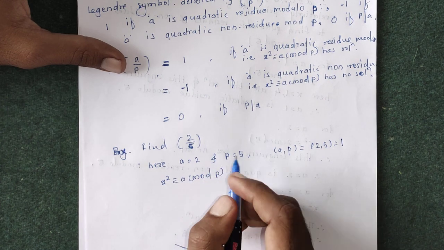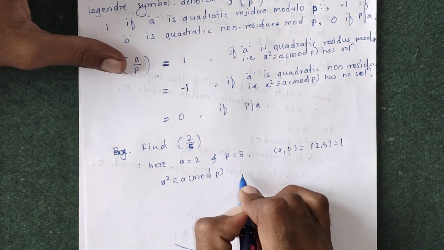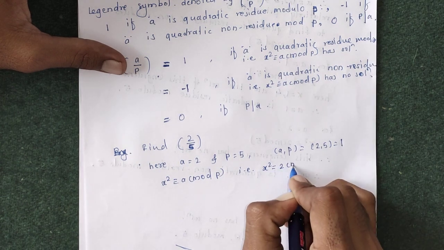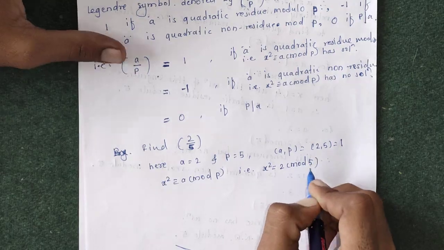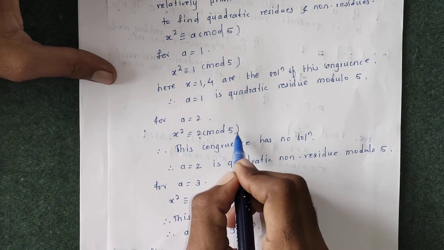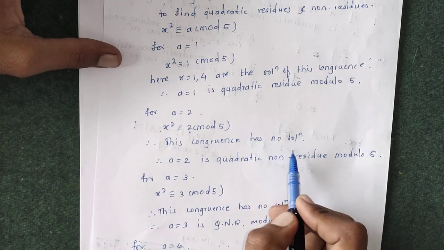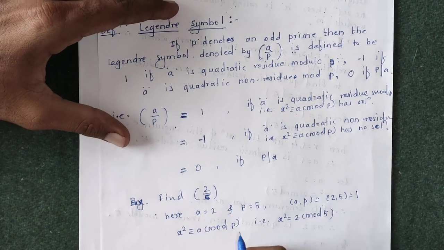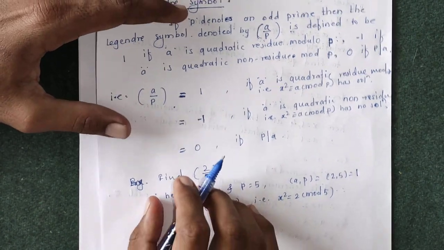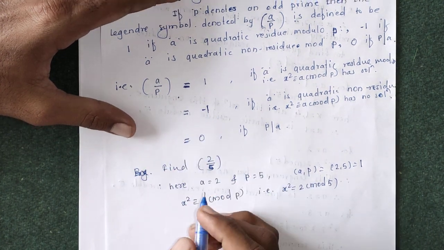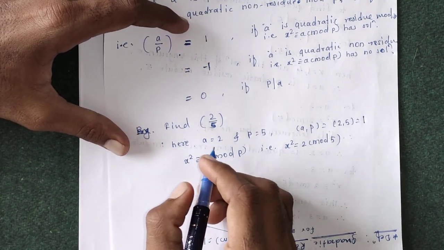So we check whether the congruence x square is congruent to 2 mod 5 has a solution or not. We have seen in this example that x square is congruent to 2 mod 5 has no solution. So we can say that a equal to 2 is a quadratic non-residue. Therefore, the Legendre symbol of 2 and 5 is equal to minus 1.